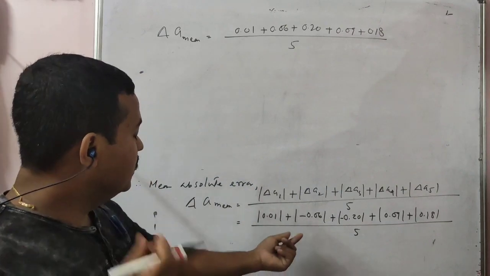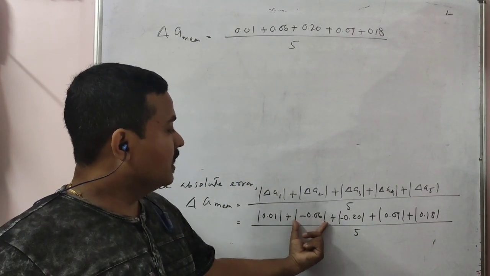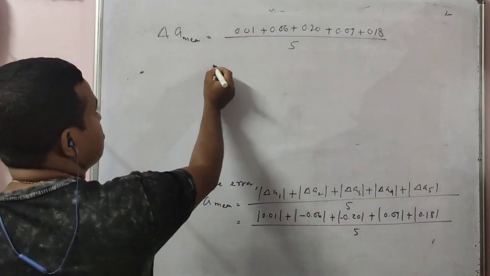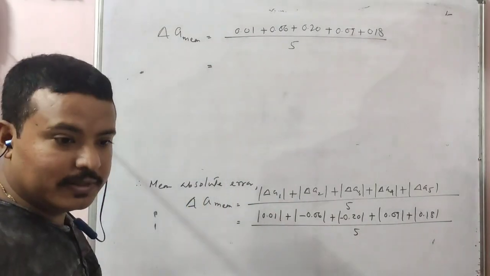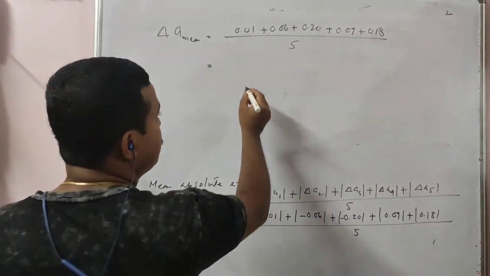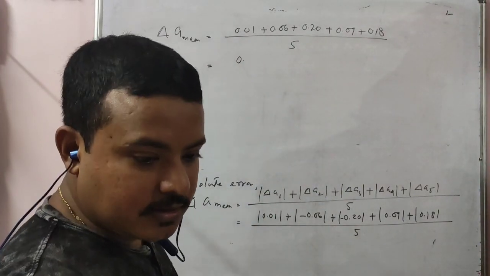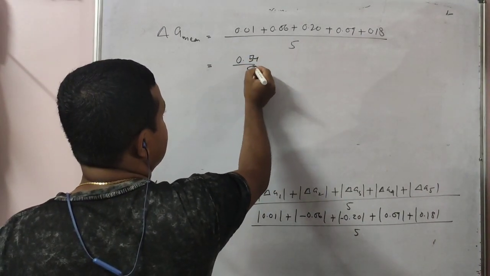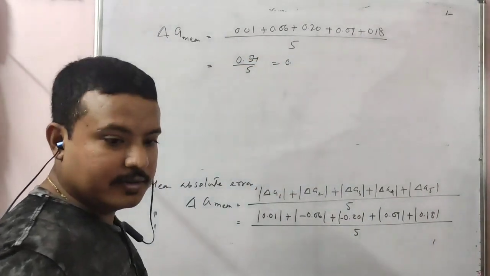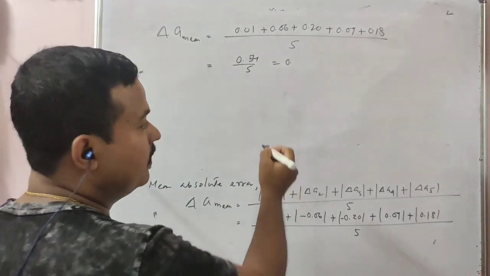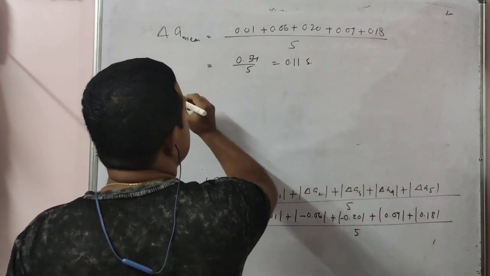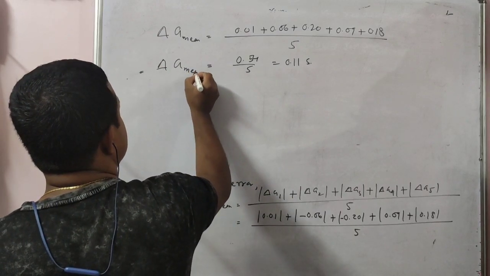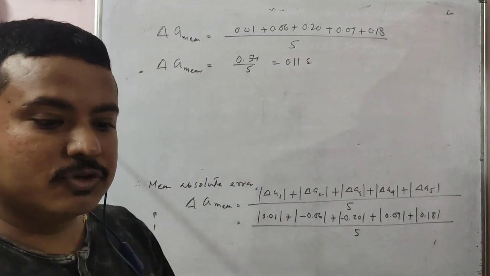This modulus means what? The negative of a modulus is always positive. So it will be 0.54 divided by 5, or 0.11 second. So this is your mean absolute error, delta A mean.